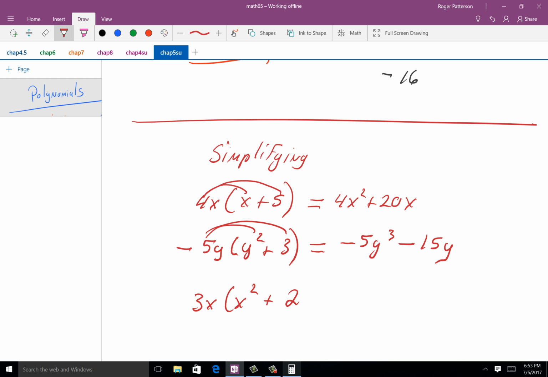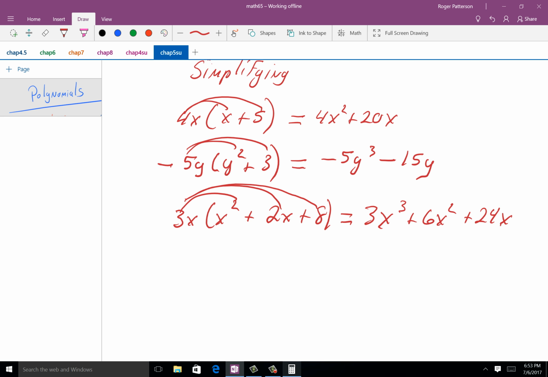And we're using those properties of exponents here. Doesn't seem like it, but you are. 3x, 1 plus 2 is 3, plus 6x squared plus 24x. Okay, so that's all we're doing. All right, it's just distributing inside.